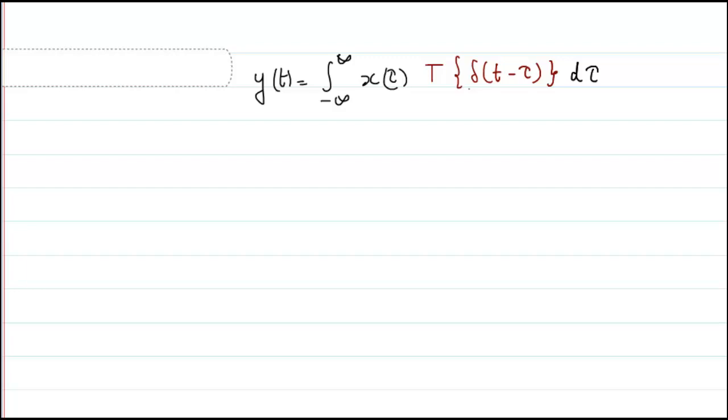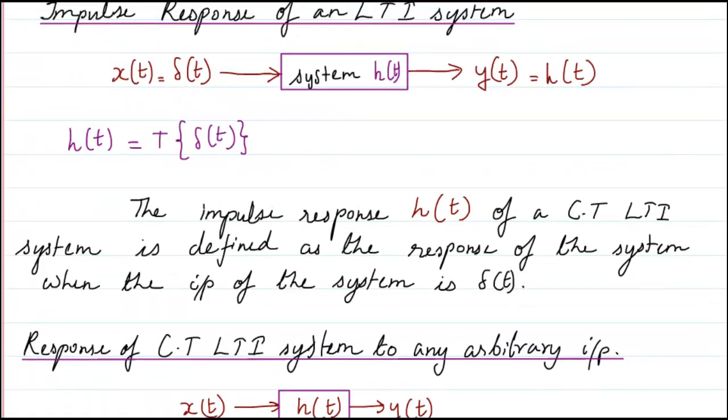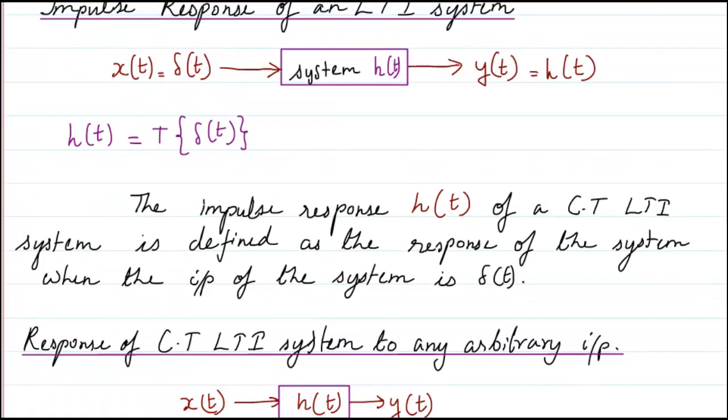But what is the transformation of delta t minus tau? We have already seen that the impulse response means that if you transform an impulse signal, you will get h of t. That means if you transform delta t minus tau, the transformation of that will be h of t minus tau.